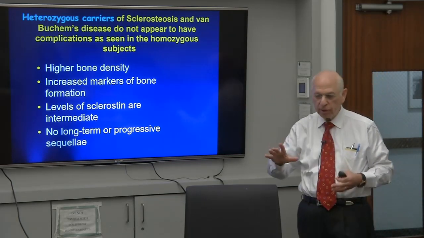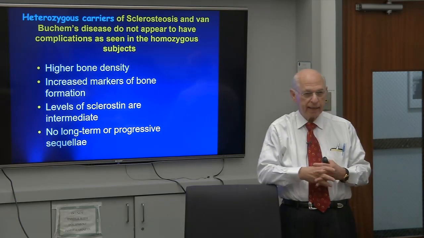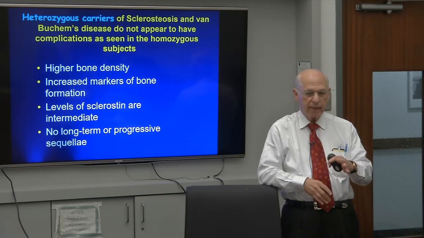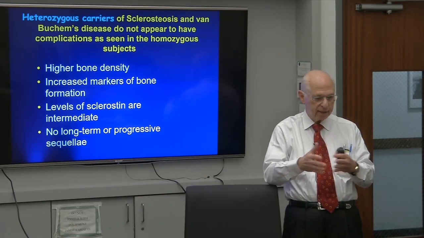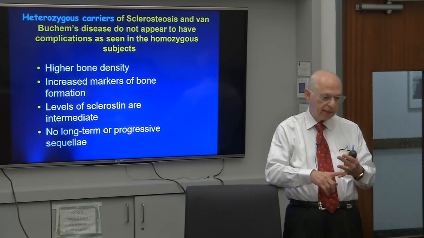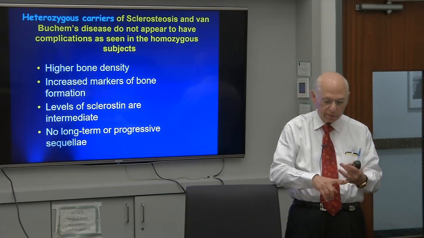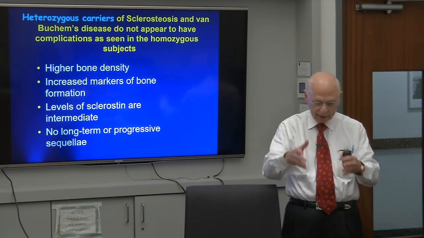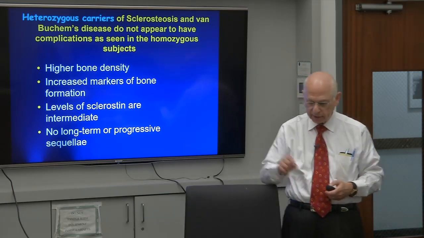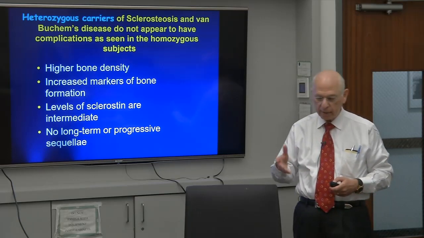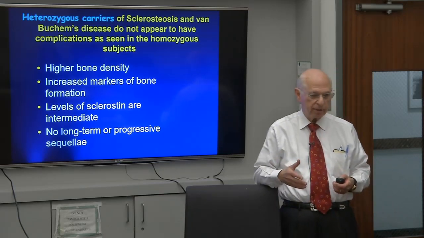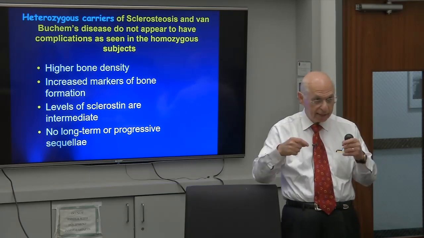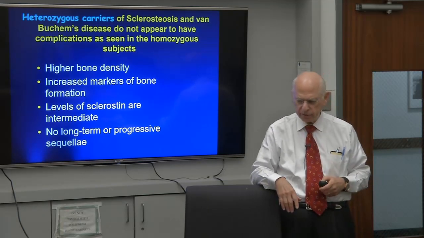Now, it's not good to have too much bone. In fact, the difference between sclerosteosis and Van Buchem's has to do with where in the sclerostin gene the mutation is. One is a point mutation in the coding region, and the other one is a cassette of genes that have been knocked out. And sclerosteosis leads to big trouble because they basically sclerose their foramina, where the cranial nerves come out, and they get all kinds of neurological issues.